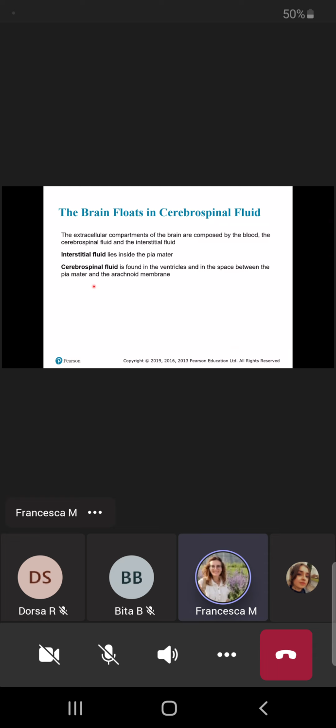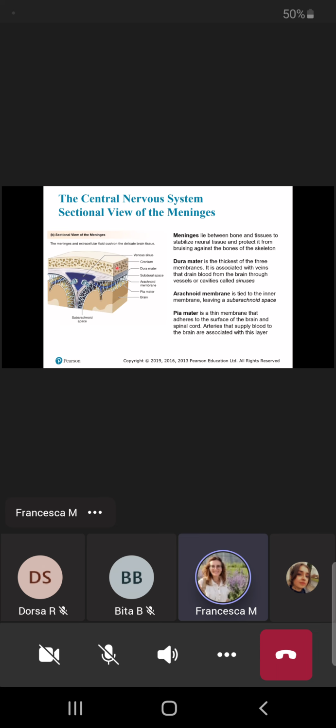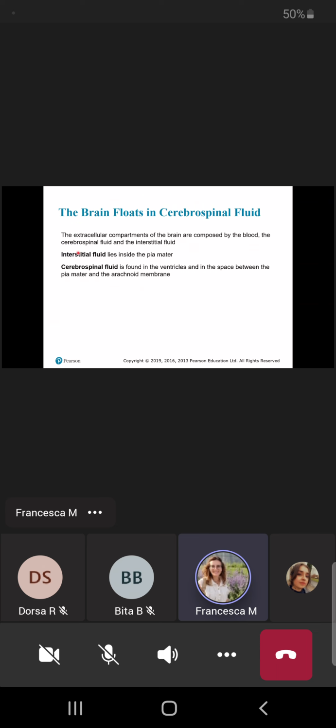As we said, of course, we also have this extracellular space that is filled with fluids. Two different fluids, the interstitial fluid and the cerebrospinal fluid. The cerebrospinal fluid is located in between the pia mater and the arachnoid membrane, in this subarachnoid space. For what concerns the interstitial fluid, it is located inside the pia mater.